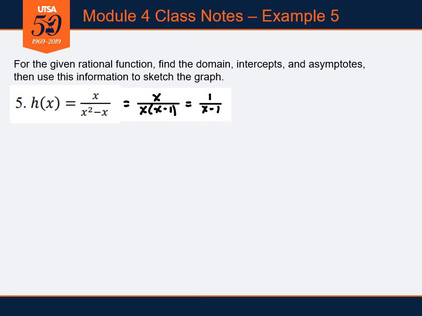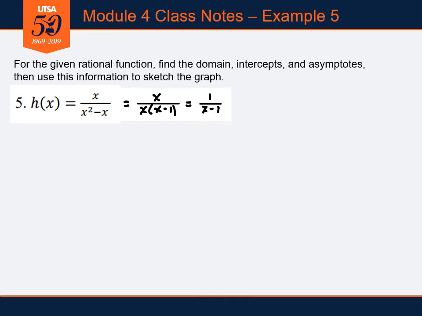Now for intercepts. You caught me in example 4 where I tried to plug in x equals 0, but it didn't work. Let me stop myself here and say, wait a second, we just said in the last slide that x can't be 0.